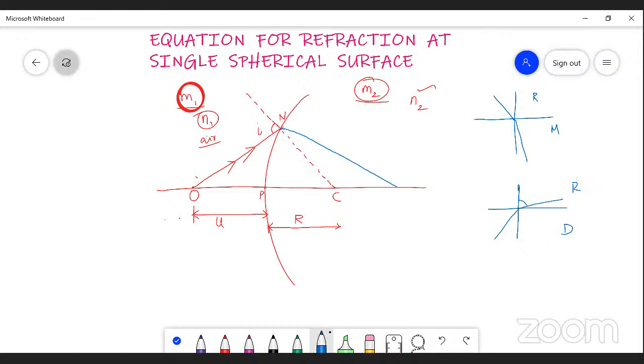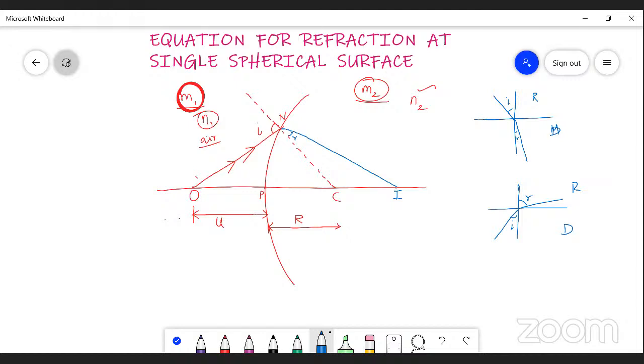This is the angle of incidence and this is the angle of refraction. This point is I. The image is formed at the point I, so I take this as I.